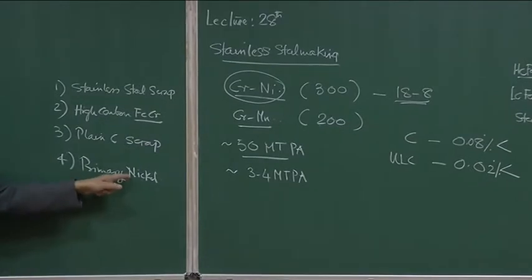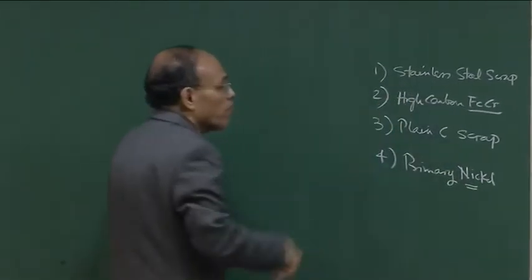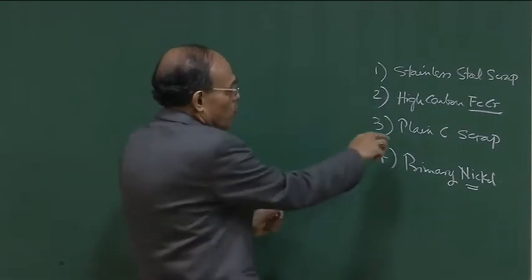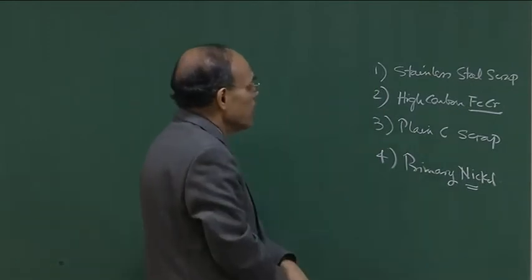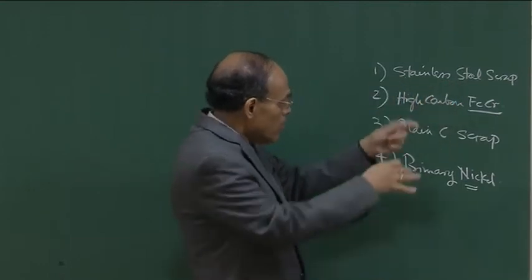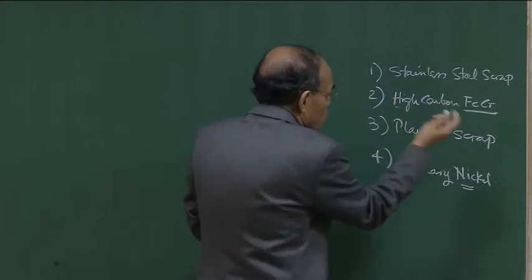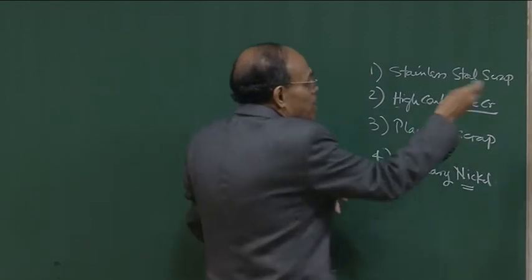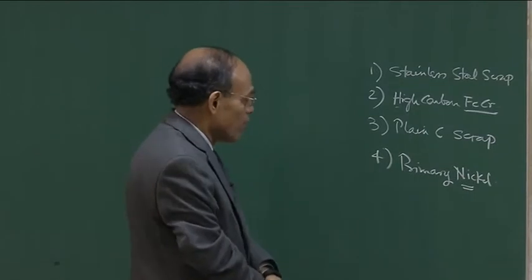Primary nickel is going to be necessary because this nickel is going to replenish the nickel deficit, which will originate because plain carbon scrap will increase the volume of melt, and because we have stainless steel scrap only as part of the charge, and high carbon ferrochrome does not have any nickel. So, therefore, the total volume that you are going to produce will not give you 8% nickel, it is going to be substantially less, and therefore, the primary nickel will be required.